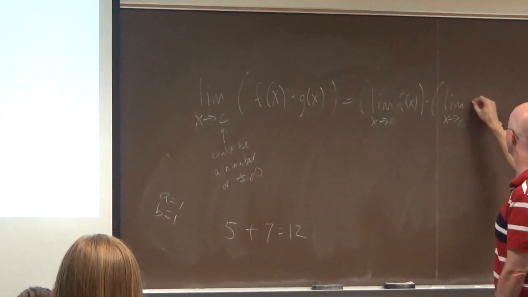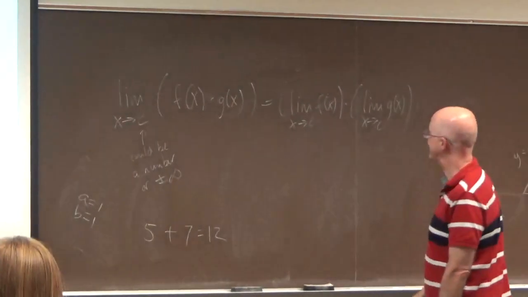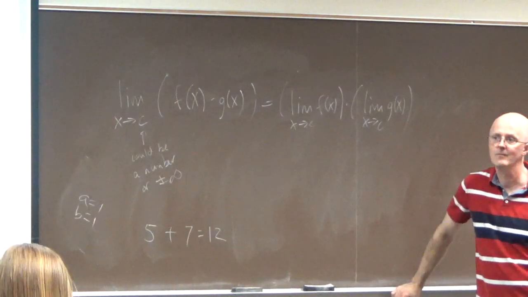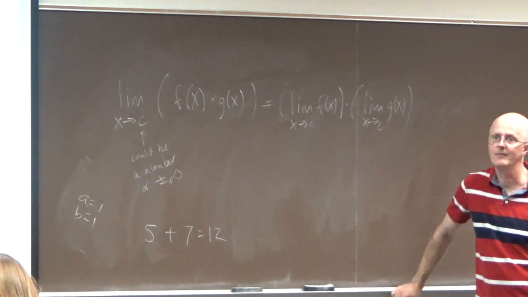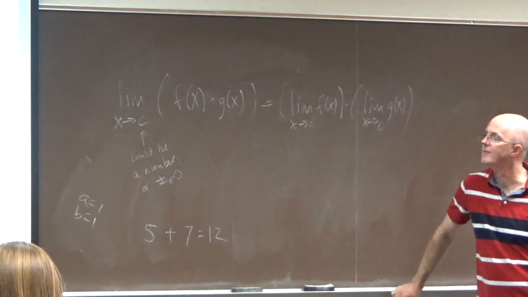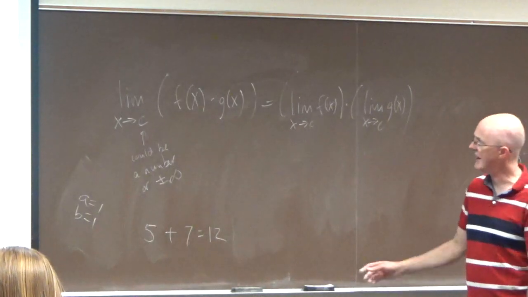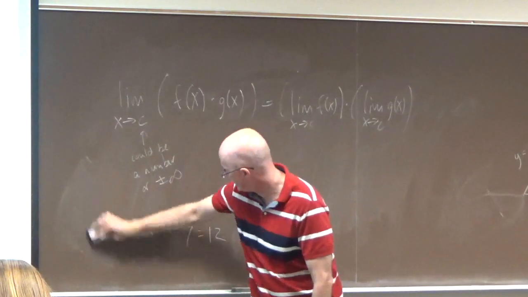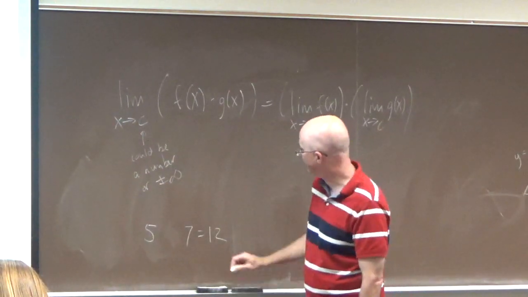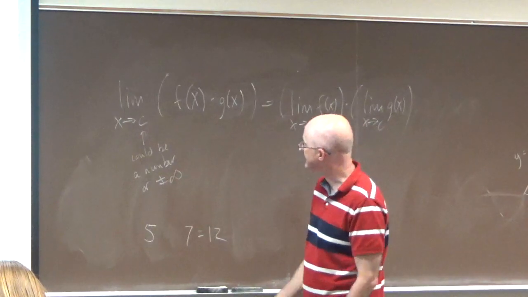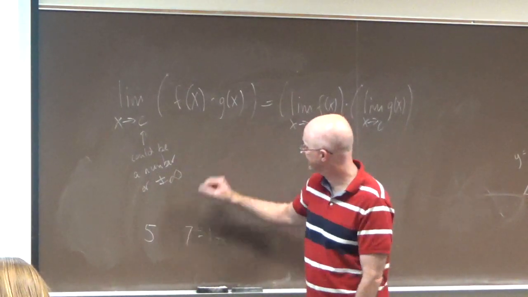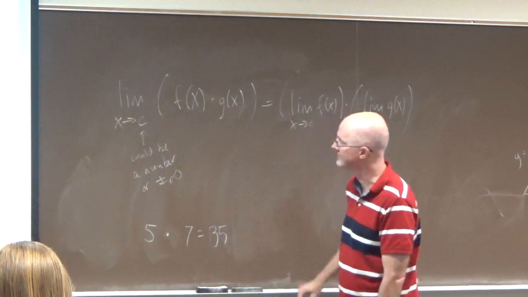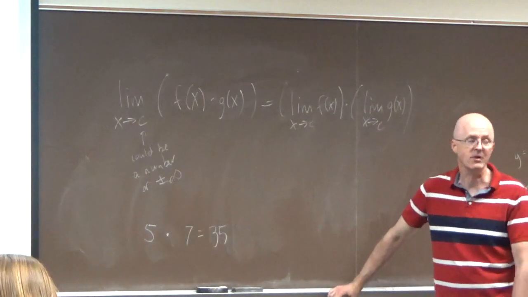I'm putting parentheses around these limits to emphasize they are individual numbers, though often you won't see people put parentheses like that. And again, I hope that makes sense. If f is approaching 5, its outputs get closer and closer to 5, and g is approaching 7, it should make sense their product approaches 5 times 7, or 35, because you're multiplying the outputs.